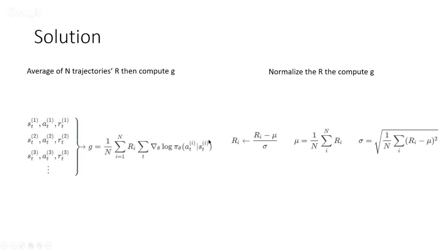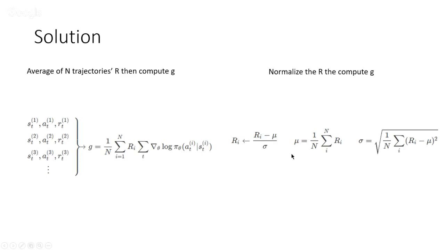The other method is to normalize the R before we compute G. So again, collect n trajectories, find the mean of the rewards, find the variance or the standard deviation of all the rewards, and then modify the rewards so that they fit into a normalized distribution.